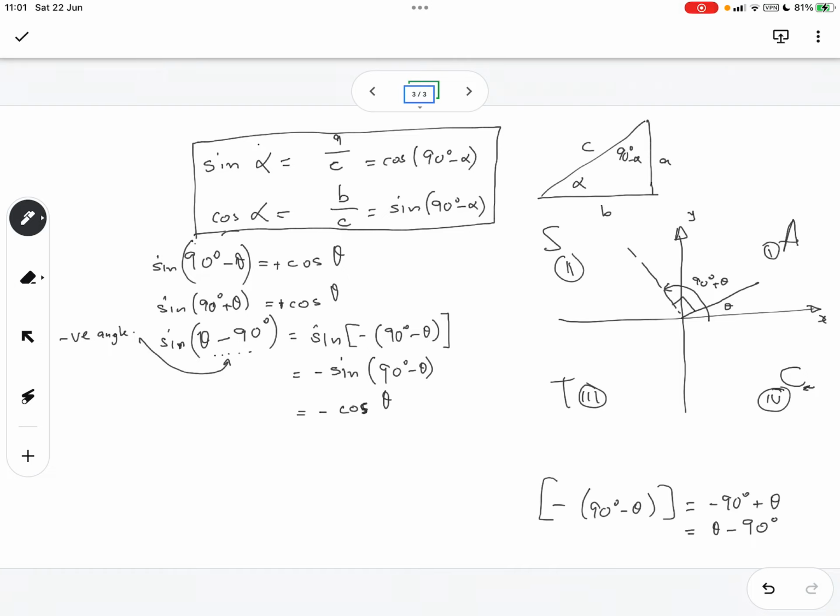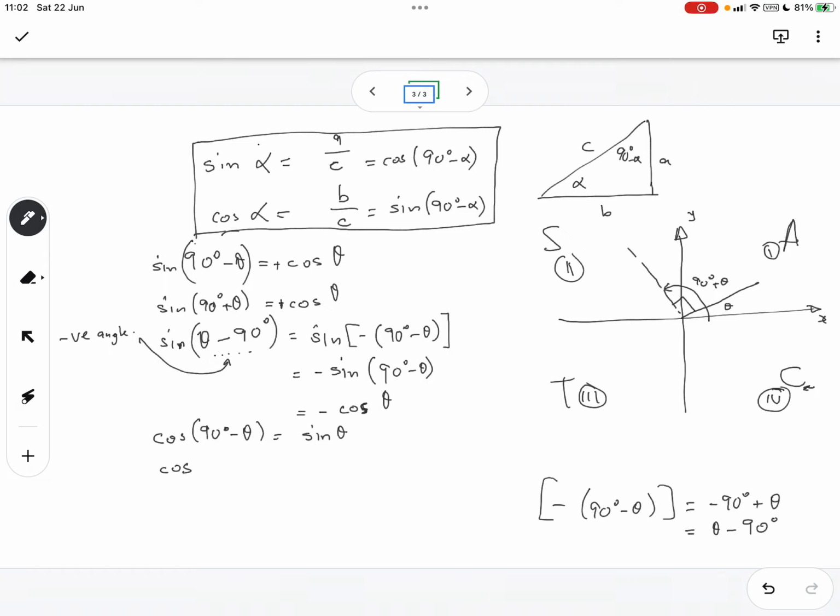Alright, one. Now we're going to do cos, since the cofunctions mostly deal with sine and cos. If we look at cos of 90 degrees minus theta, this is going to be sine of theta, because 90 degrees minus theta is in the first quadrant.